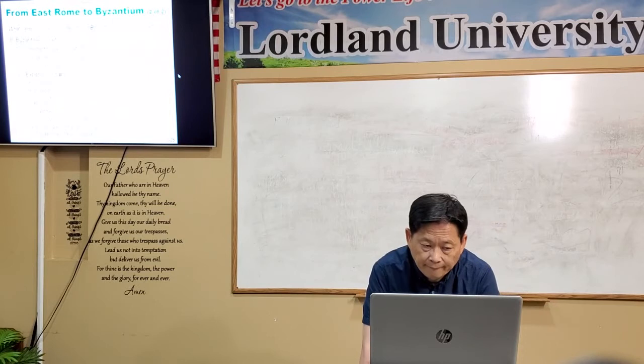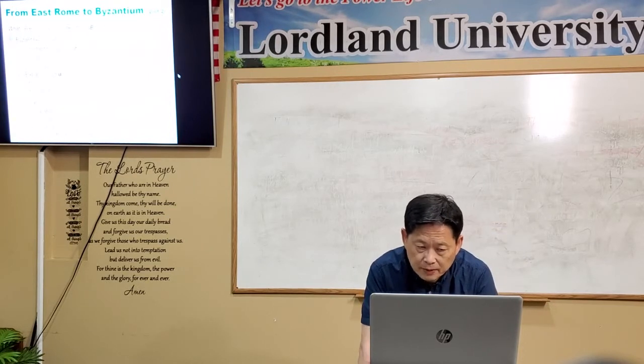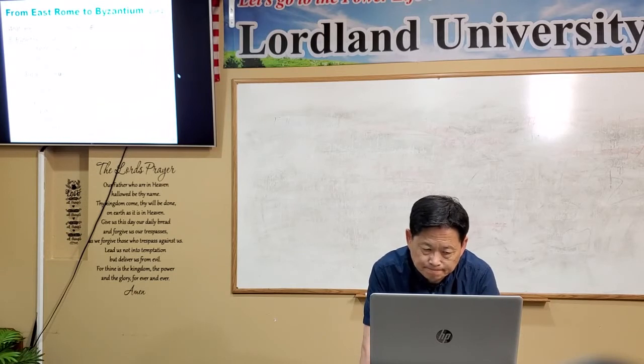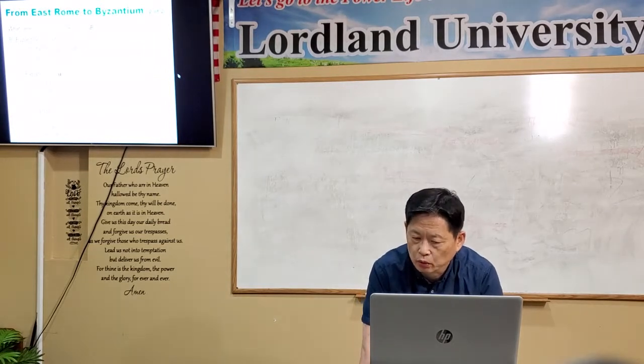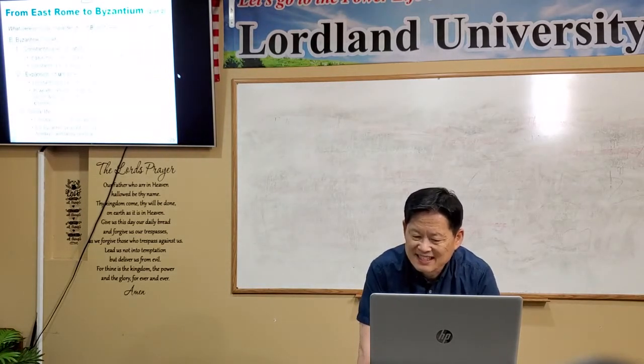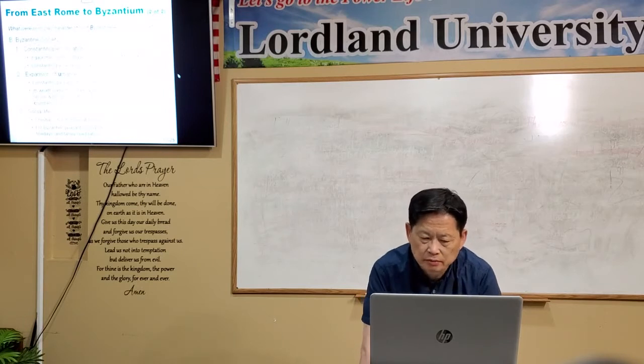Okay, next topic: Byzantine society. Constantinople's location gave it control of the trade routes of the Eastern Mediterranean.